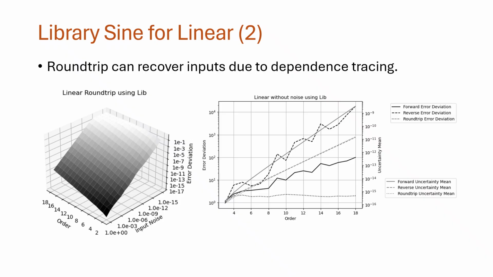When we increase the FT order, both forward and backward, the uncertainty cannot track the value error efficiently. You see for the forward, at order 18, the error deviation is 10 to the 2, and for the reverse it is 10 to the 4, right?